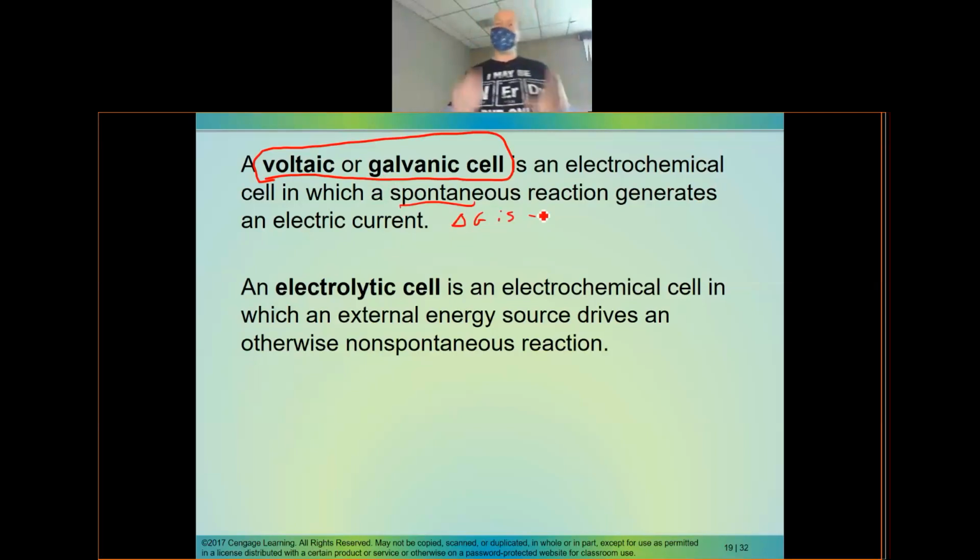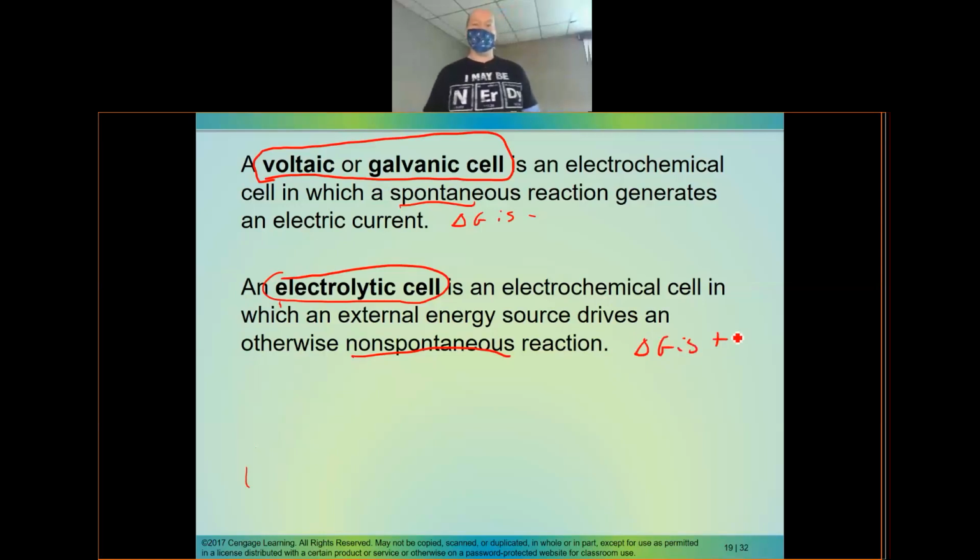If it says it's an electrolytic cell, they're now telling you that it is not a spontaneous reaction. This is a non-spontaneous reaction that would require some external energy to make that reaction go. And so here we know that delta G is going to be positive. So that is what you get from just a word in the problem.